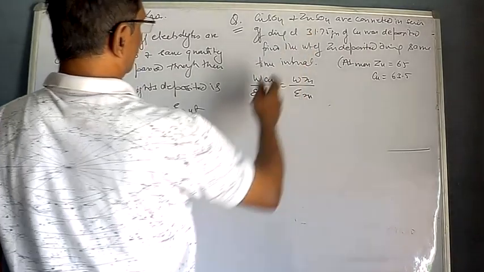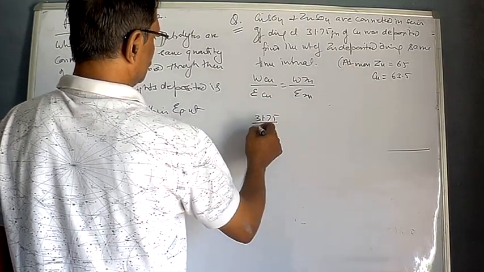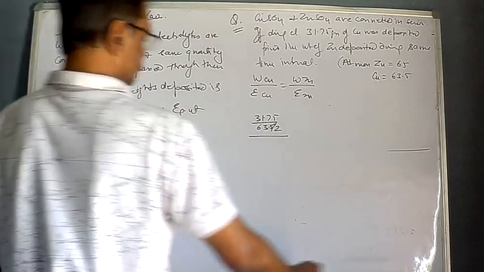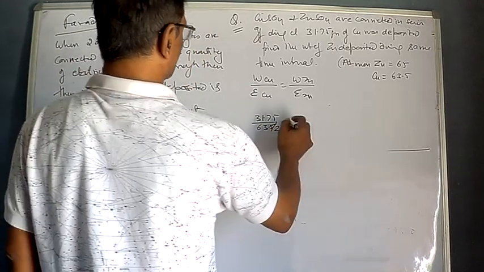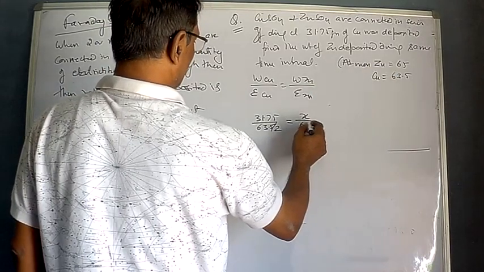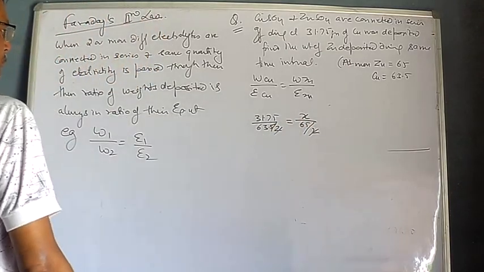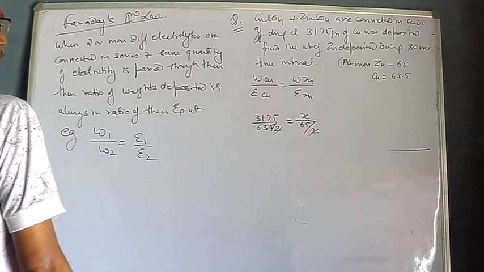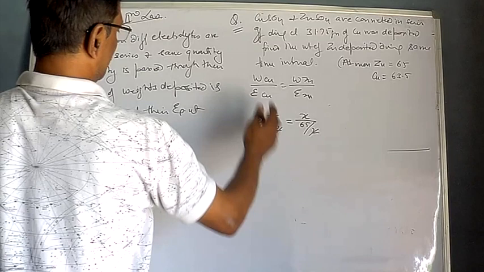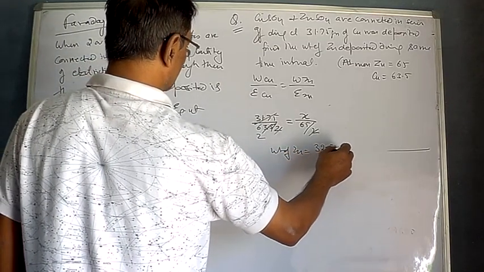So the weight of copper has been given to us, 31.75 upon 63.5 divided by 2. And this must be equal to the weight of Zn, which we are supposed to find, upon the equivalent weight of Zn, 65 by 2. So 2 will get cancelled with 2. If you solve it, it gives you 0.5, and 65 comes here. So the weight of Zn equals 32.5 grams.